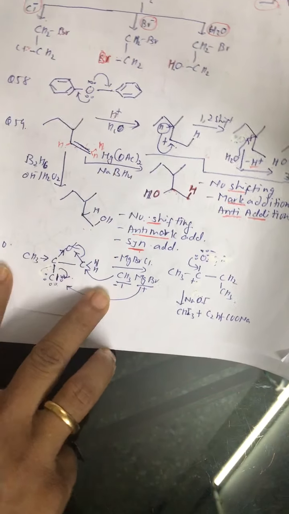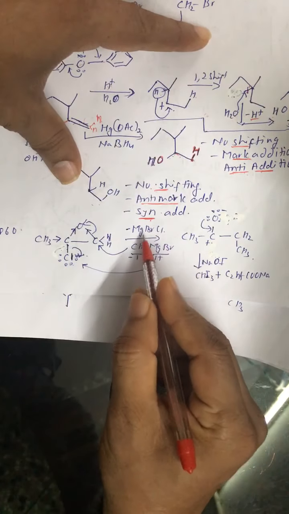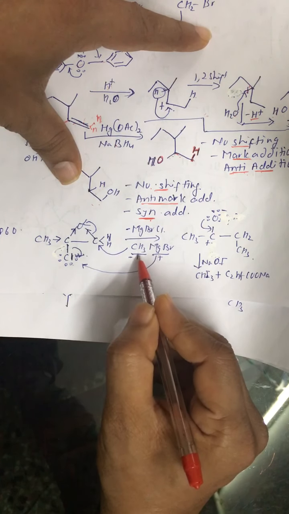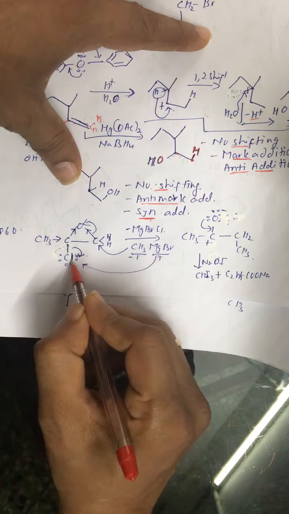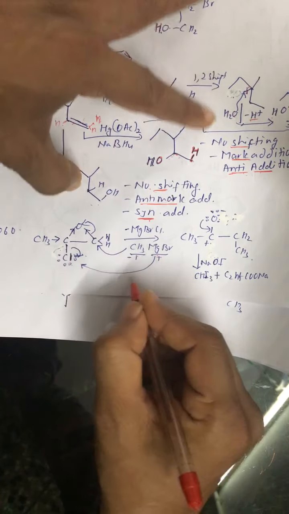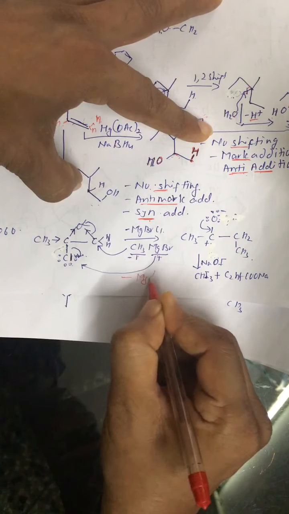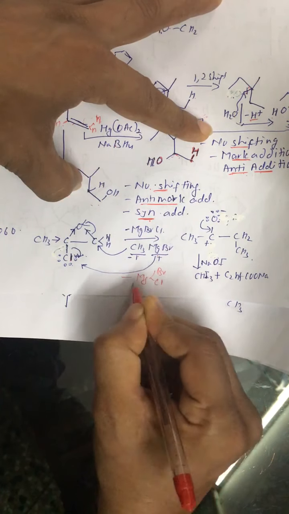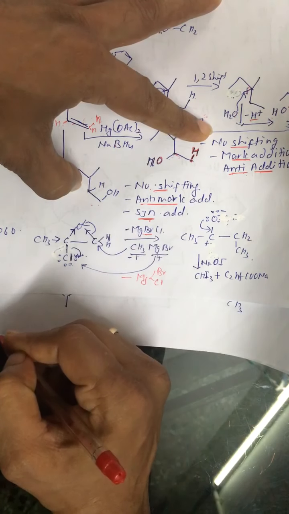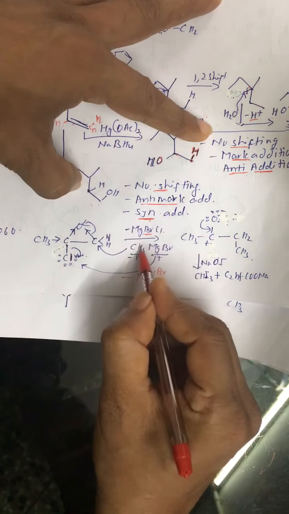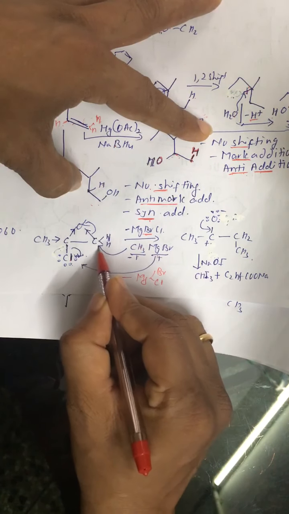Now see what is happening in question number 60. We are using CH3MgBr. So CH3MgBr attacks the Cl, and it is removed as MgBrCl, and the methyl group attacks on this carbon atom.